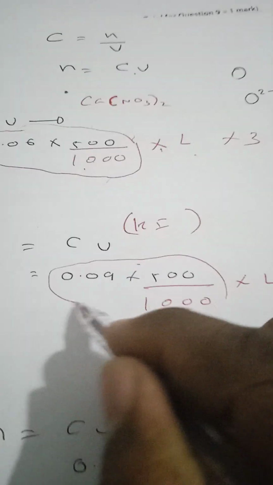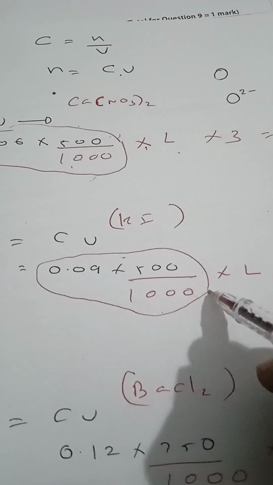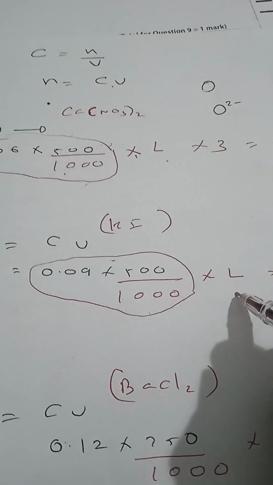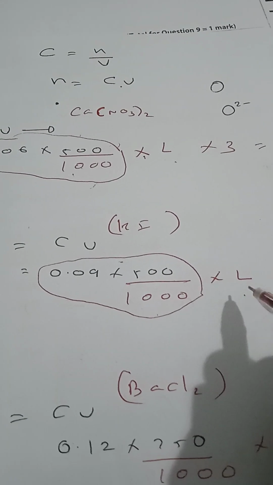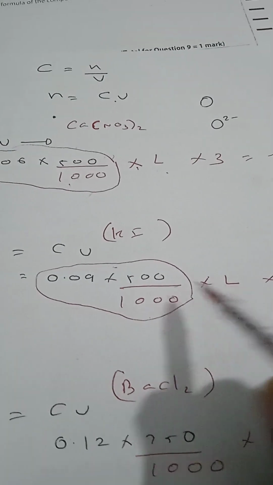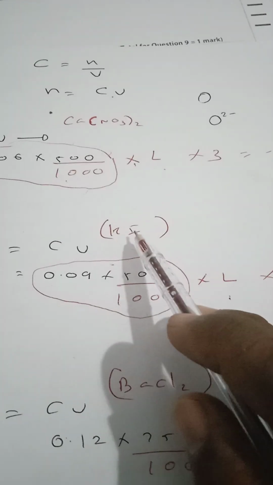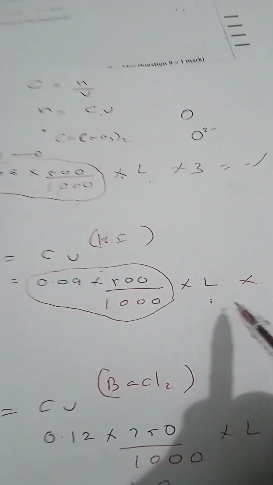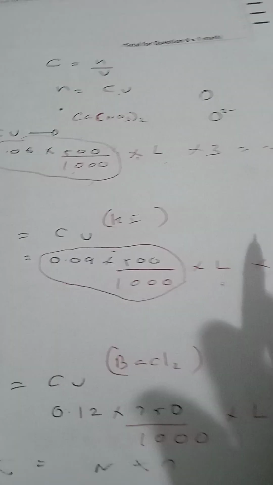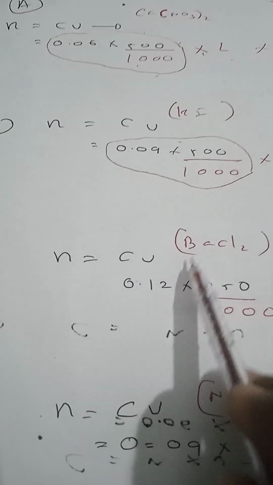Then this is the number of moles. To convert that into molecules, we multiply by L, so that is the number of molecules. To convert into ions, we know there are two ions, potassium ion and iodide ion, so multiply by 2.